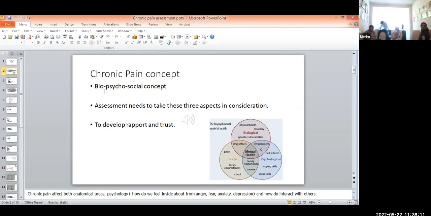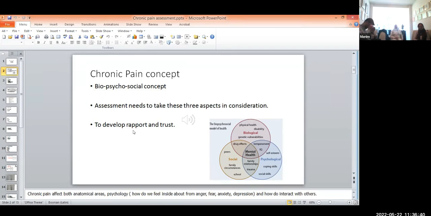Psycho, there is depression and anxiety elements, and social, in the circle of the family, loss of income, loss of work, etc. So these three circles interact together and give you that state of chronic pain. So your assessment needs to reflect this.